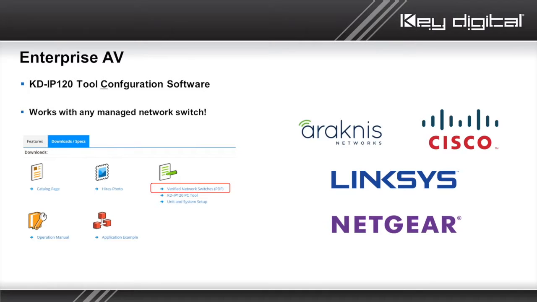Having IGMP is like putting up bumpers in the bowling alley and letting the first graders go bowl on the lanes without worrying about the ball jumping in and out of the gutter. Okay, it keeps everything in a defined lane, and we support any IGMP supported network switch.